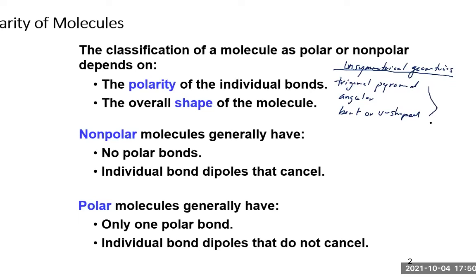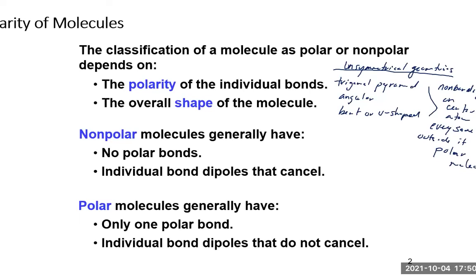Basically what all of these have in common is that when you draw your Lewis structure, there are non-bonding electrons on the center atom. And if everybody is the same on the outside, the molecule will be polar.